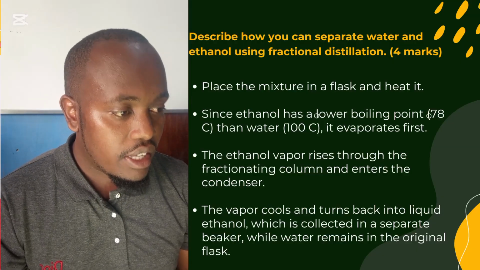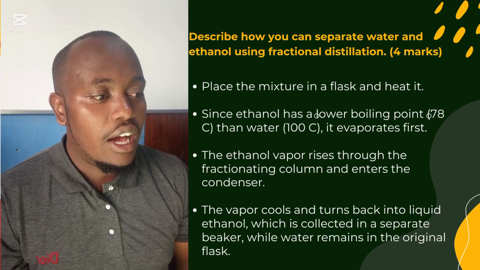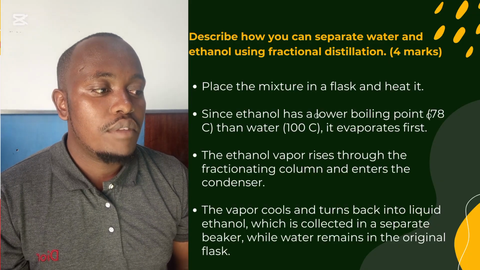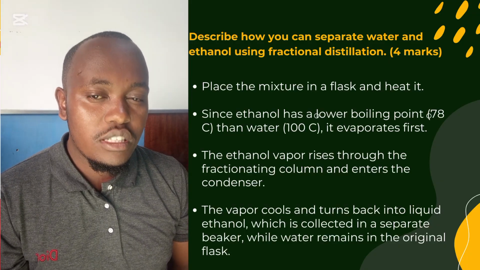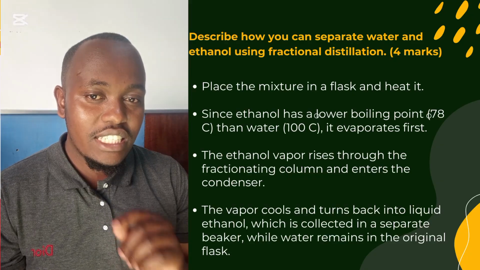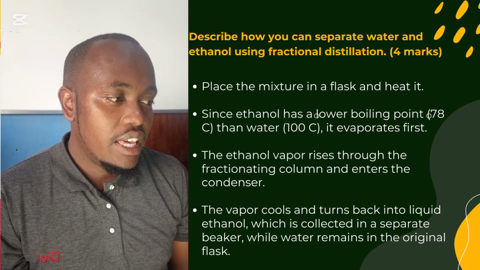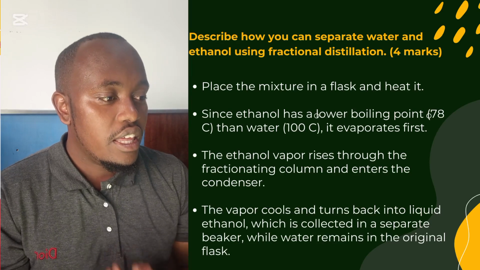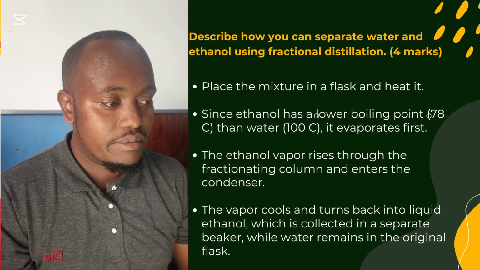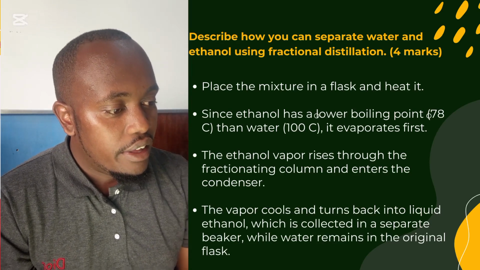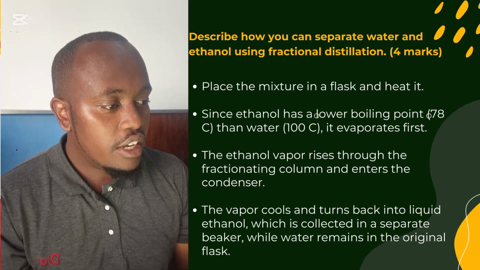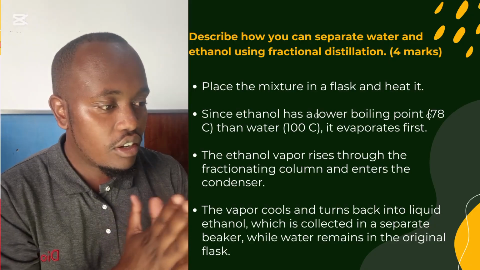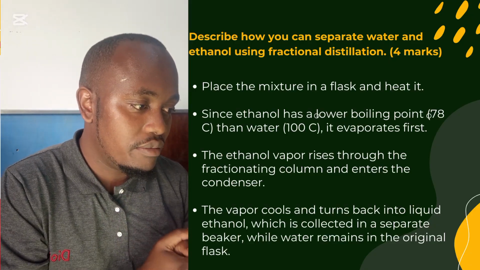You heat. The second step is, since ethanol has a lower boiling point, in brackets 78 degrees Celsius, than water, which is 100 degrees Celsius, ethanol evaporates fast. The third point, ethanol vapor rises through the fractionating column and enters the condenser.